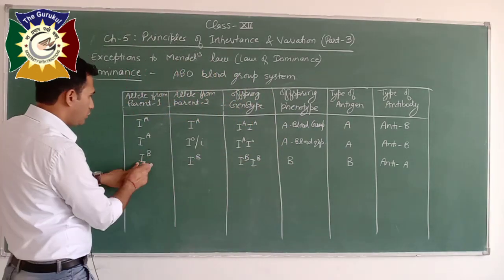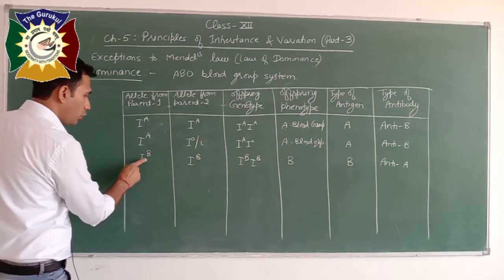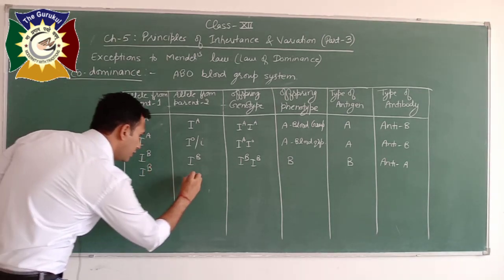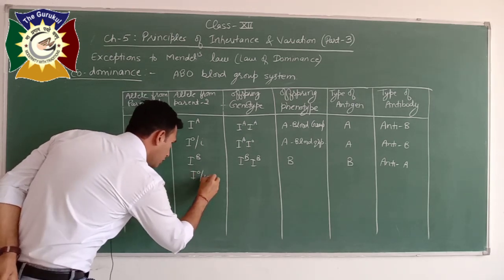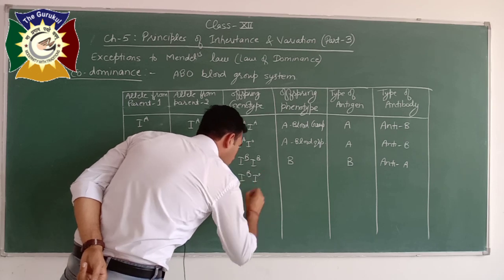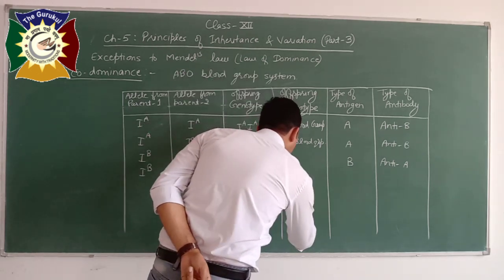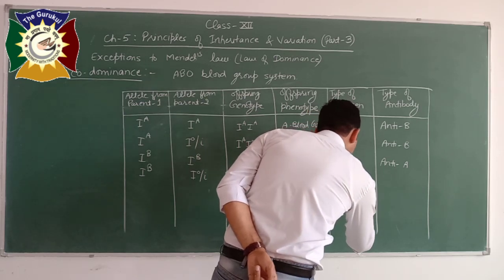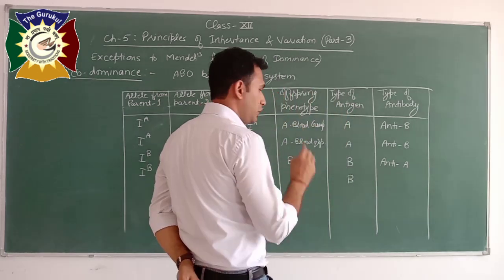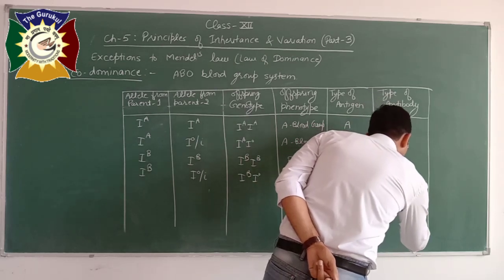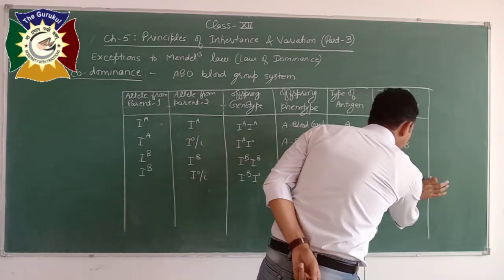Now the fourth option will be IB, I naught. Blood group will be B. Type of antigen will be B only, because I naught will not produce any antigen, and the antibody will be anti-A.